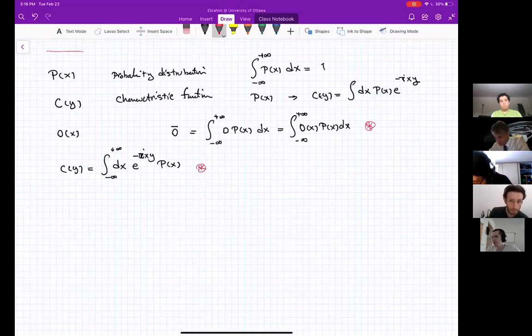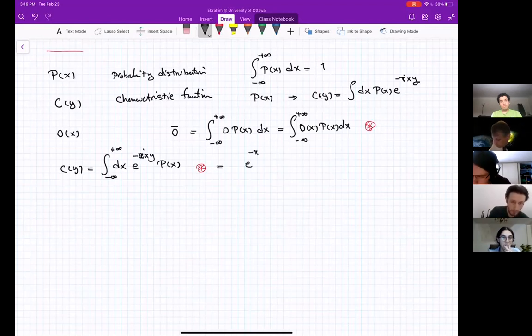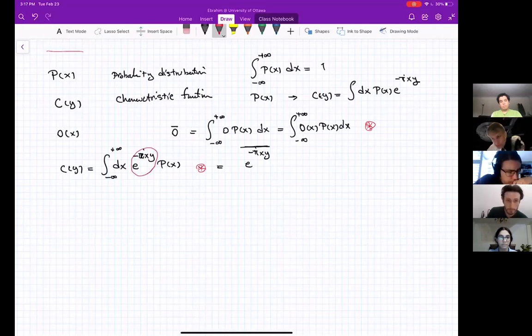It's the expectation value of e to the power of minus ixy, the function. Exactly. The expectation value, okay? There's nothing more than looking at that function and finding the expectation value, or the average, if you wish to call it. So the characteristic function is essentially nothing more than looking at e to the power of i x times a variable, and looking for the expectation value of that.